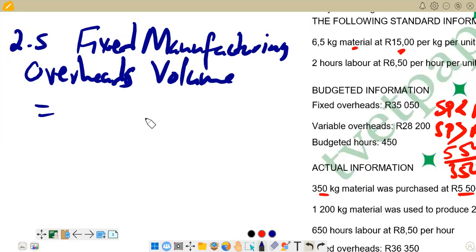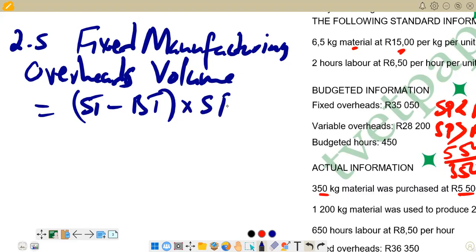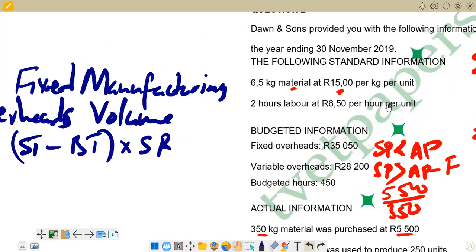For fixed manufacturing overhead volume, the formula is standard time minus budgeted time, and then we multiply the answer by the standard rate. So our standard time: remember, on the standard information, we are told that we have 2 hours per unit.